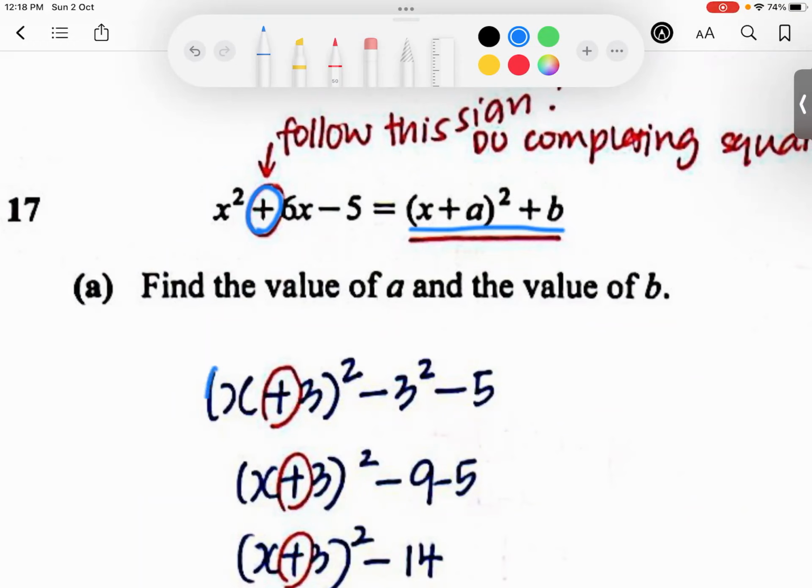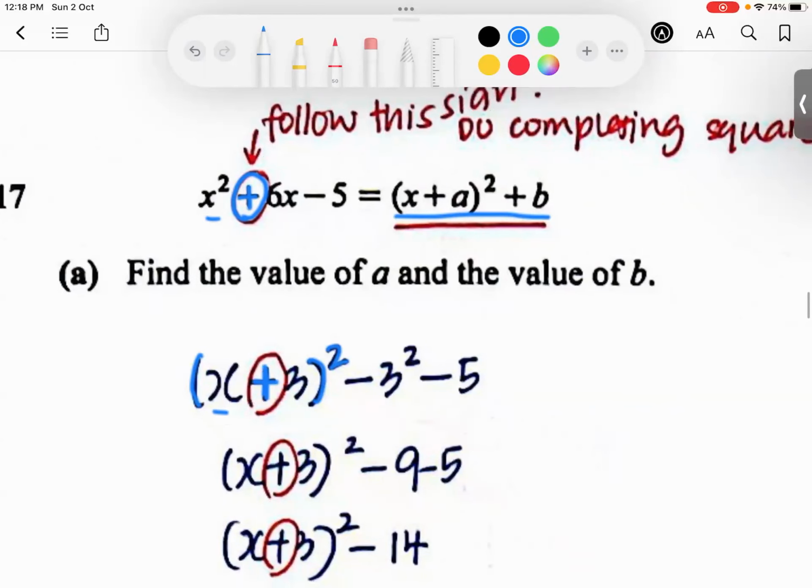Definitely I'll get a bracket. X squared becomes x, plus, still plus, follow this sign. Then the whole thing squared. Always remember you need to subtract this number here squared. So minus 3 squared. We still have a minus 5. Bring down your minus 5.